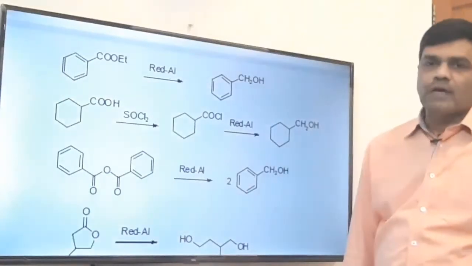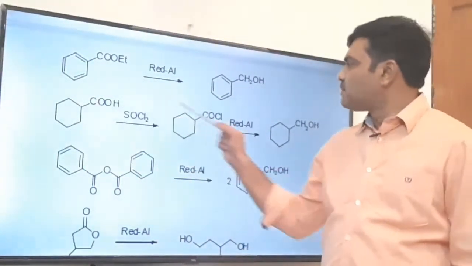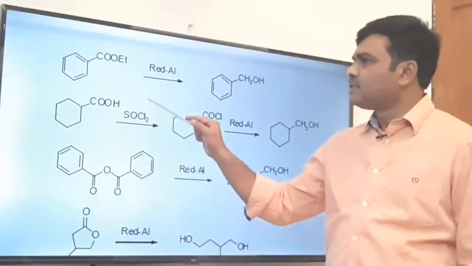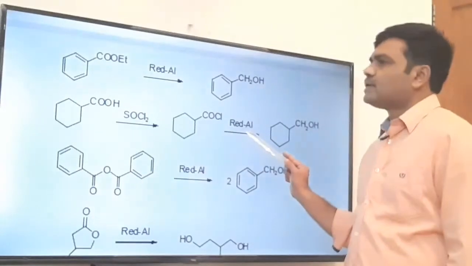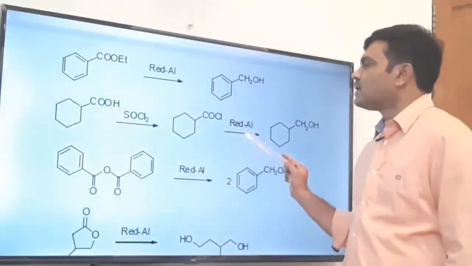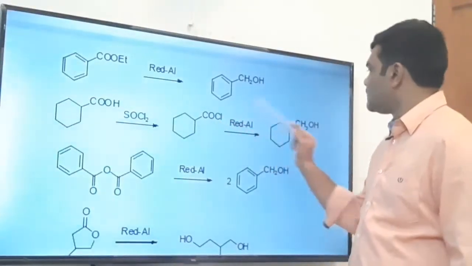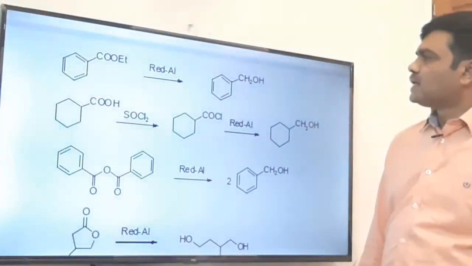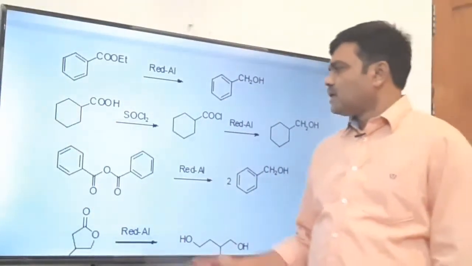Acid is first converted into acyl chloride by treatment with SOCl2, that is thionyl chloride, and then that acyl chloride, on further reaction with Red-Al, is converted into primary alcohol. C double bond OCl is converted to CH2OH. This is the conversion of acid to primary alcohol via acid chloride.